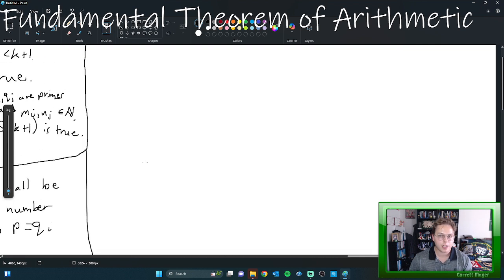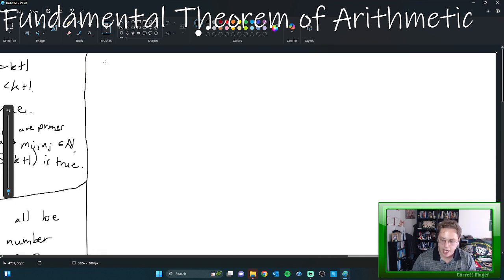So this last thing that we're going to prove is the uniqueness part of the fundamental theorem of arithmetic. So theorem 2.9, and that's uniqueness.